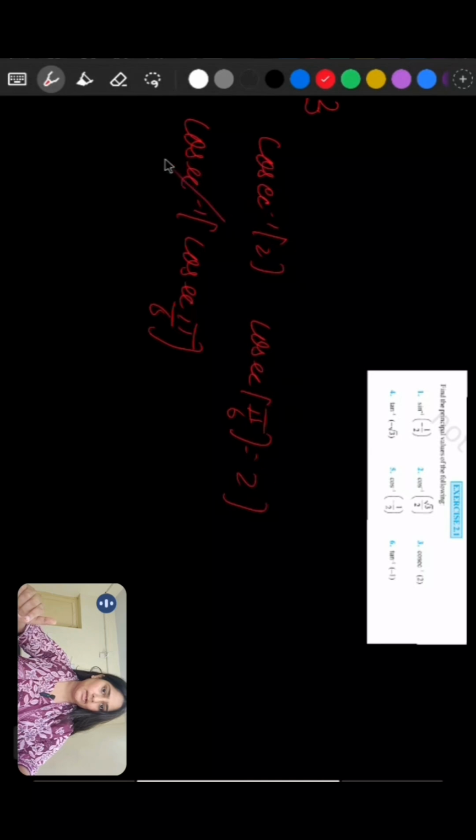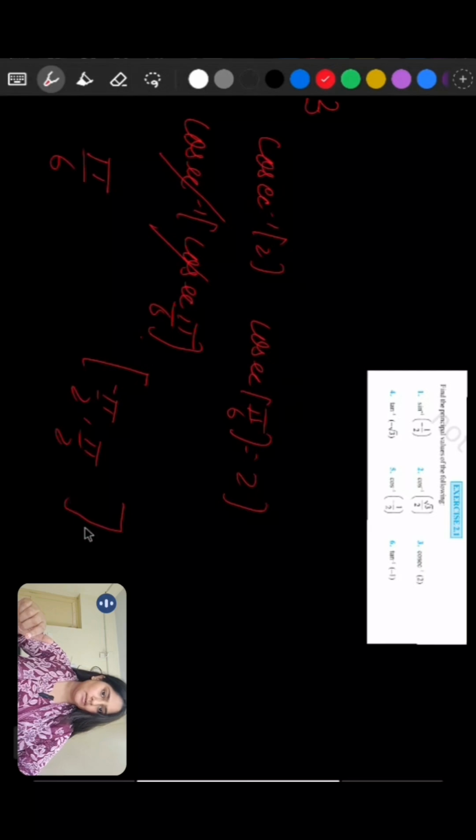We will cancel cosec inverse and cosec, and the answer will be pi by 6. You have to check the range as well. As earlier we have written, the range of cosec inverse is minus pi by 2 to pi by 2, where 0 is not included. So here is the answer for question number 3.